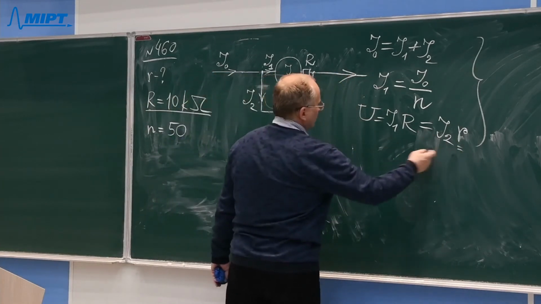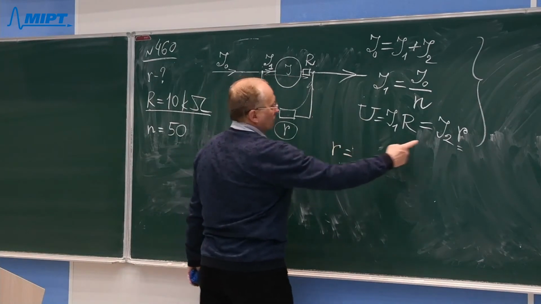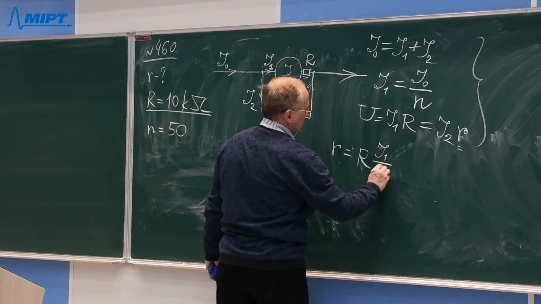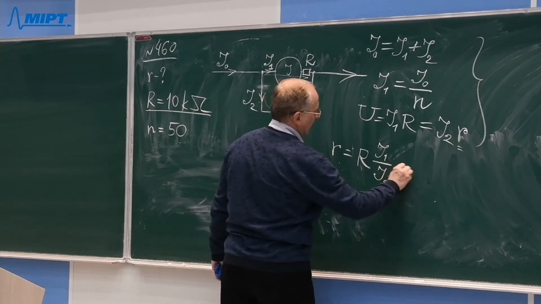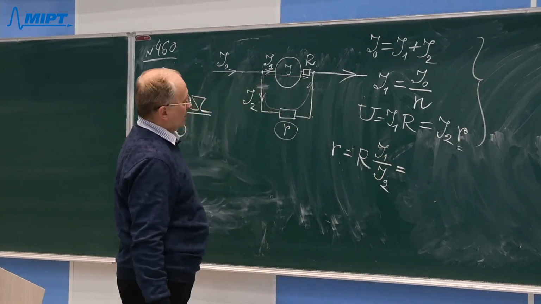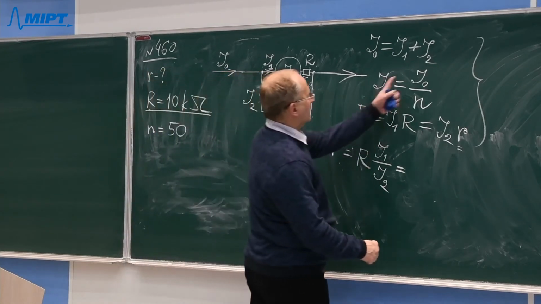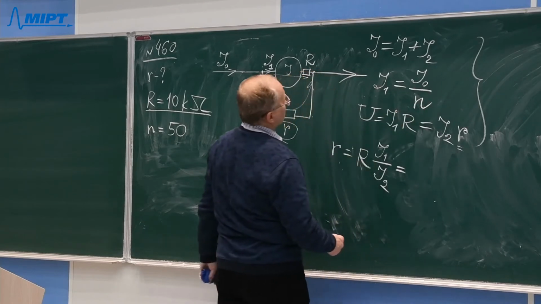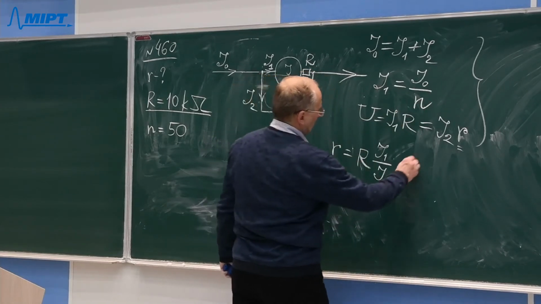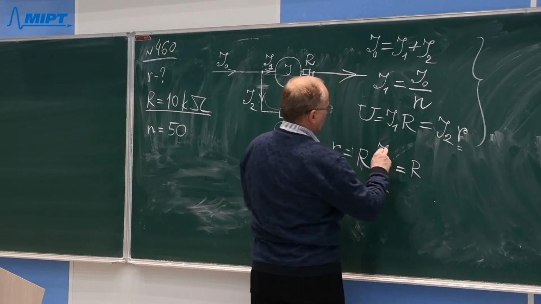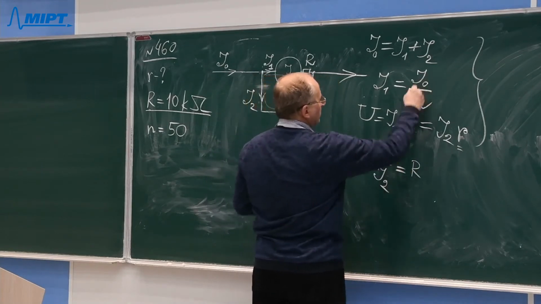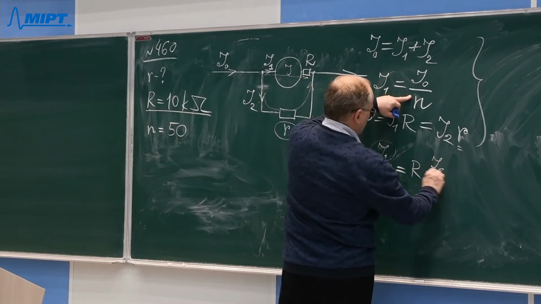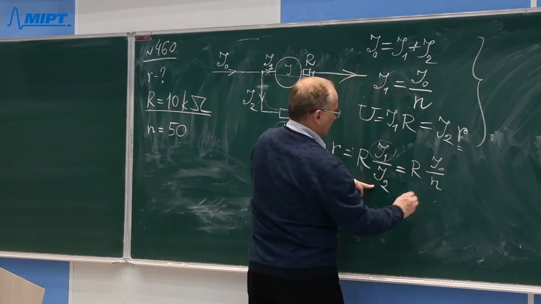Let's immediately start calculating it. Small r will be equal to capital R times I1 divided by I2. And I1 can be calculated using this formula. So we will have capital R, and instead of I1, I use this expression, which will be I0 divided by n, and divided by I2.